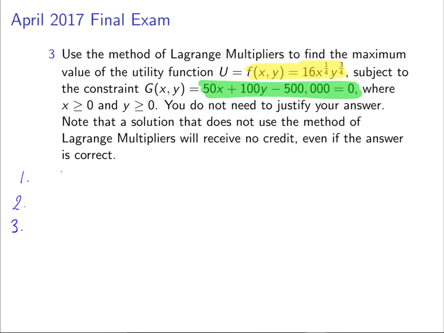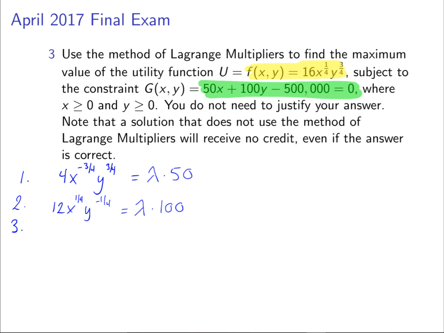F sub x is 4 times x to the minus 3/4 times y to the 3/4. F sub y is 12 x to the 1/4 times y to the negative 1/4. G sub x is 50, and g sub y is 100.